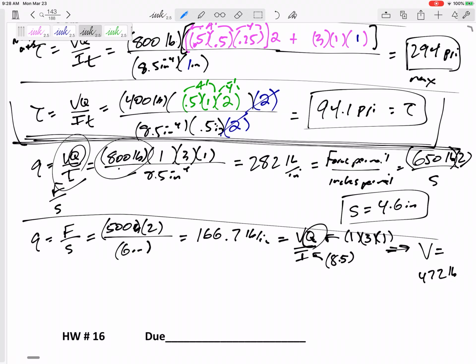So what it really told me, by telling me that each nail can support 500 pounds, and the nails are spaced 6 inches apart, I found the shear flow, and from the shear flow, I can find the V. That's the maximum V that those nails can handle.